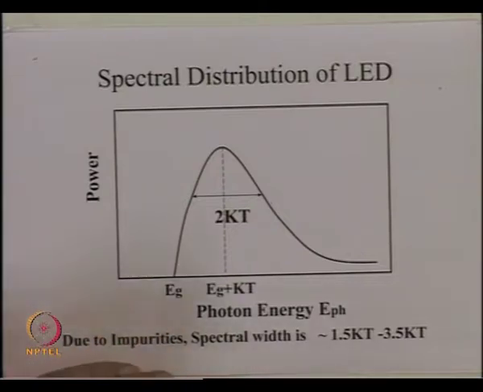Or in other words, when I go from one semiconducting material to another material, the peak wavelength or peak frequency would change because EG would change, but the spectral width is independent of the material. As long as the material is at a temperature T, the spectral width is 2 kT in energy. And this is not a very good feature, because what this means is that the spectral width, which is one of the very crucial parameters for optical communication, is not in our control at all.